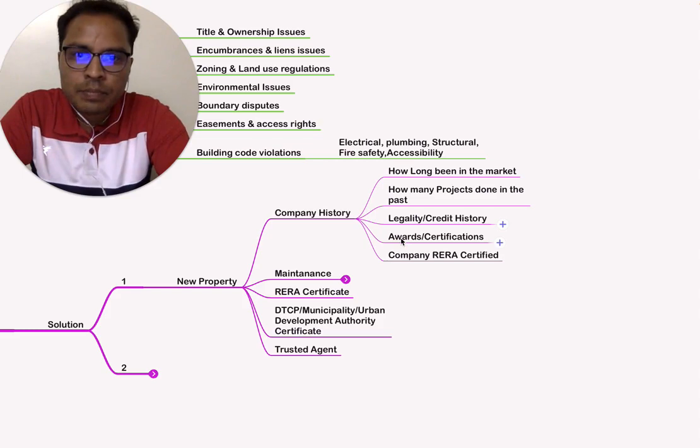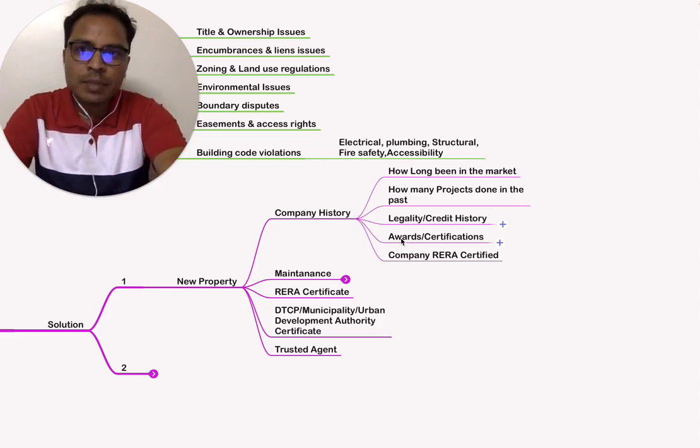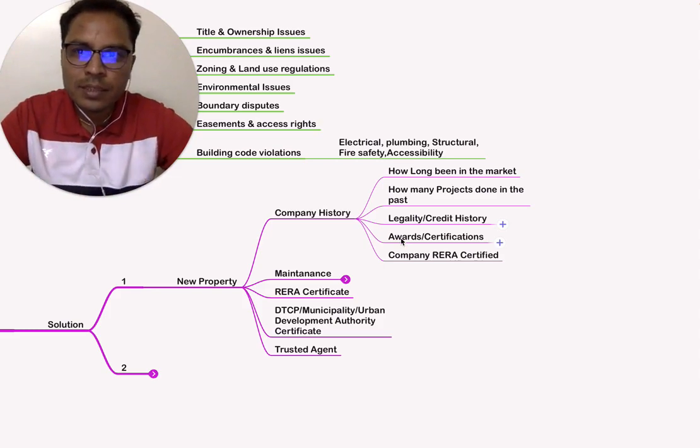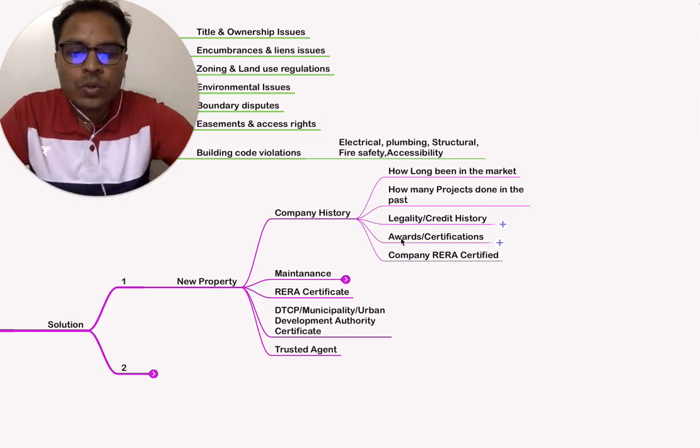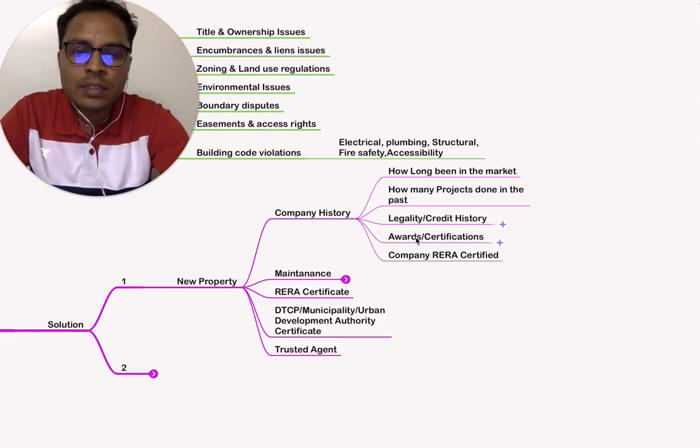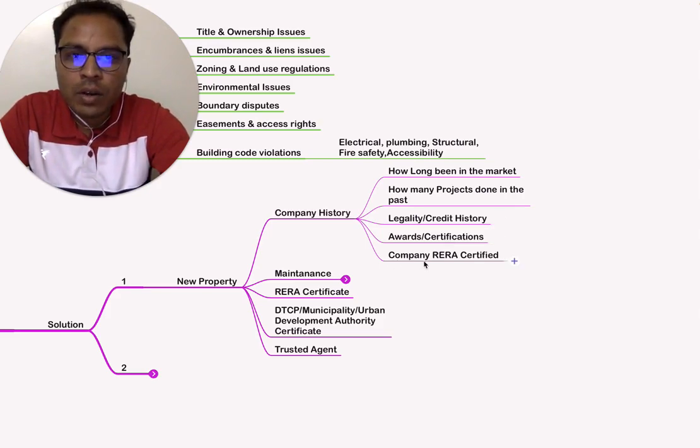And awards and certifications: to understand the credibility of the company, you need to look at its awards and certifications. That will help you minimize your risk. And check if the company is RERA certified or not.